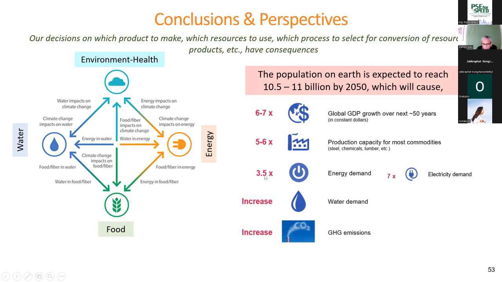That will require more energy, more electricity, more water, and all of these will release more greenhouse gas. So if we want to tackle this problem, we have to worry about this, and we have to make use of the technologies that reduce the energy demand. At least that part of decarbonization we can tackle very easily.